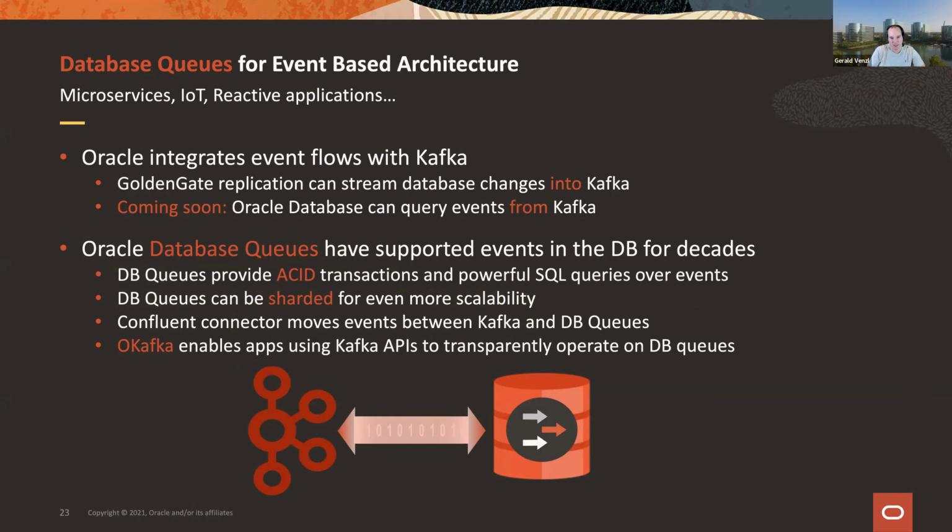We deprecated Streams with 12.1, and a lot of people thought that we also deprecated Advanced Queuing. That's absolutely not the case. Advanced Queues are there. We're actually adding much more support for them, for higher throughput, faster queuing, dequeuing, processing, etc., and as said, Kafka integration and many more things. The nice thing on top of that is that here we provide you full ACID transaction guarantees and other things that help you, so that you don't have to deal with reconciling your data afterwards.